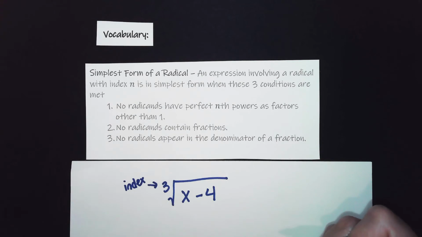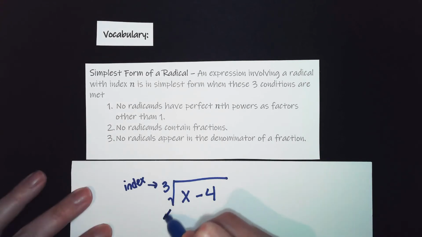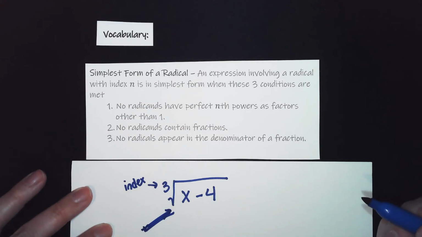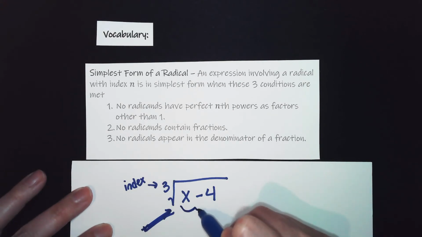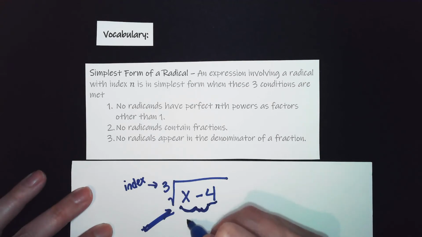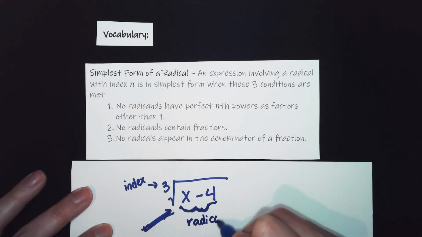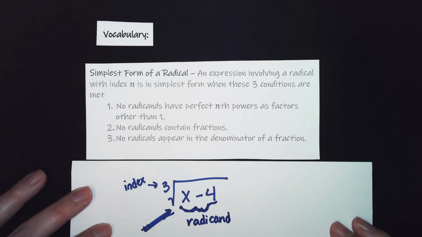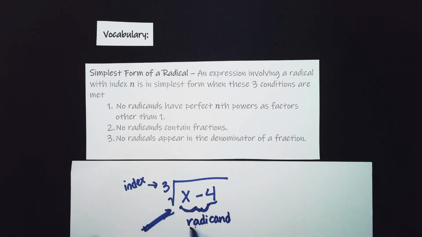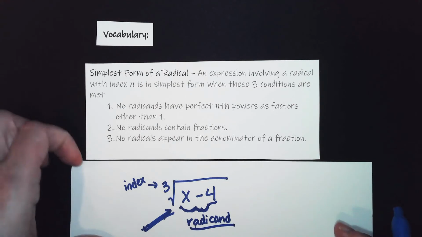That's the root. The square root is the radical symbol, I don't need to really write that. But everything inside here is the radicand. It's everything inside the root. So every time I use this word, that's what I'm talking about.